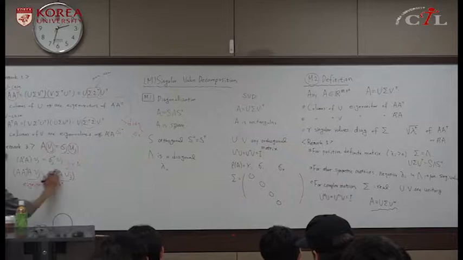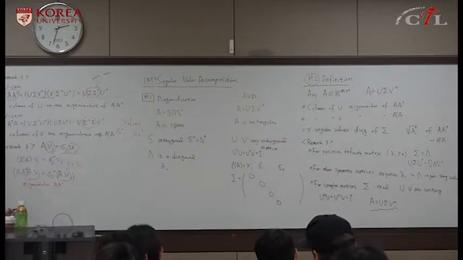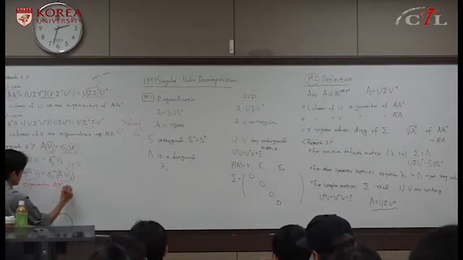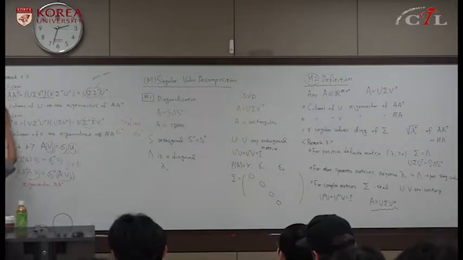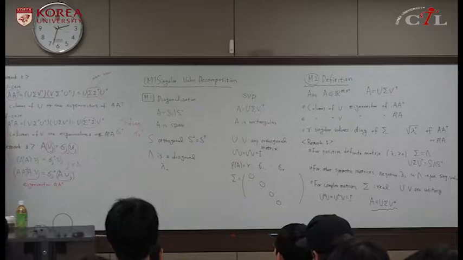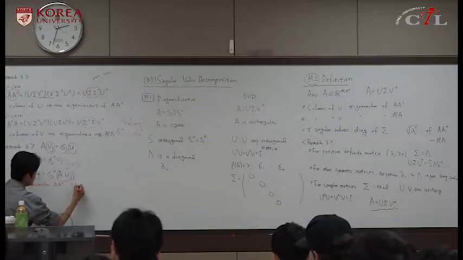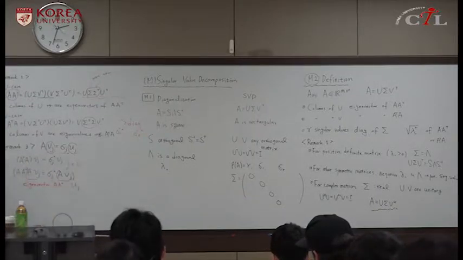So given this form, we can say A Vj is an eigenvector of A A transpose. And the eigenvector of A A transpose is Uj from here.